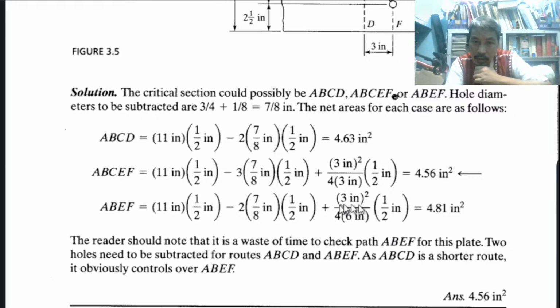Therefore, it is bigger because there is another addition. That's why it is a waste of time to compute this. So, you just need to compute this one and compare. Therefore, you can find out. Okay? That is our answer.